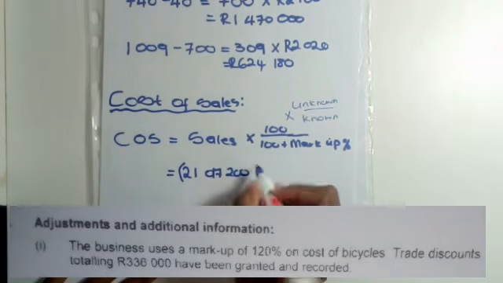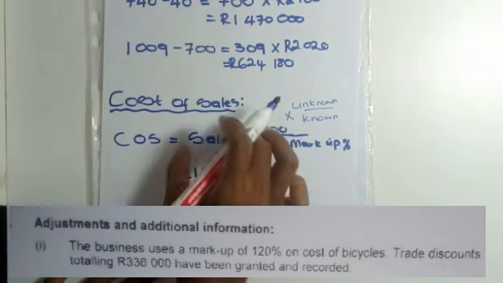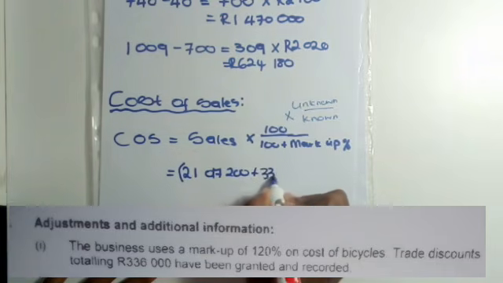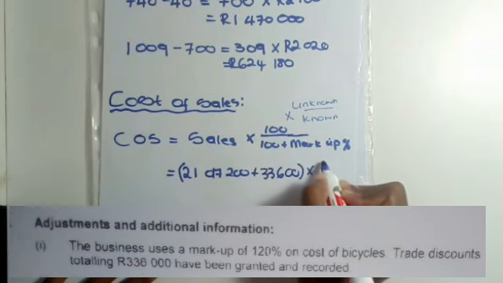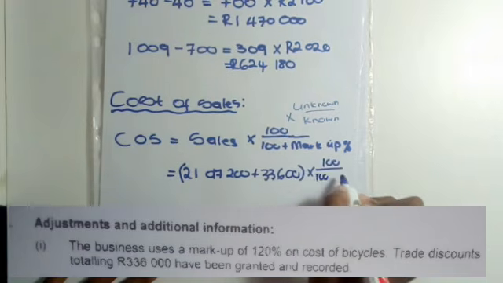So we need to go back and add it back so that our sales amount can be complete. So we are adding back the 336,000, and then we can go ahead and multiply by our 100 over 100 plus markup.